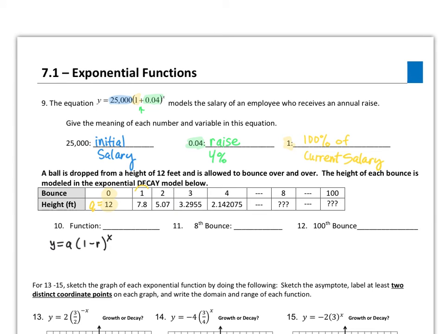So what I'm going to do is pick this as my ordered pair, just because it's smaller numbers, it's the easiest one, and I'm going to plug that in and solve and find out, well, what is R? Because that's important. So I have 7.8 equal to 12, and then in parentheses, 1 minus R.